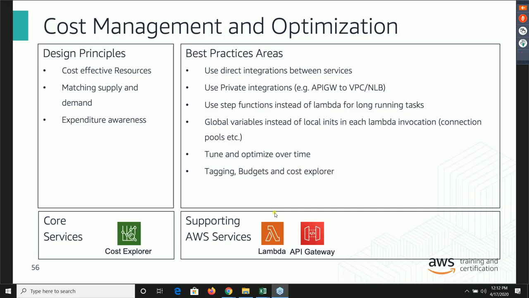For example, there is an integration between S3 and Lambda, use that. Do not build a Lambda cron-based polling function to look for new objects updated in an S3 bucket, for example, right?